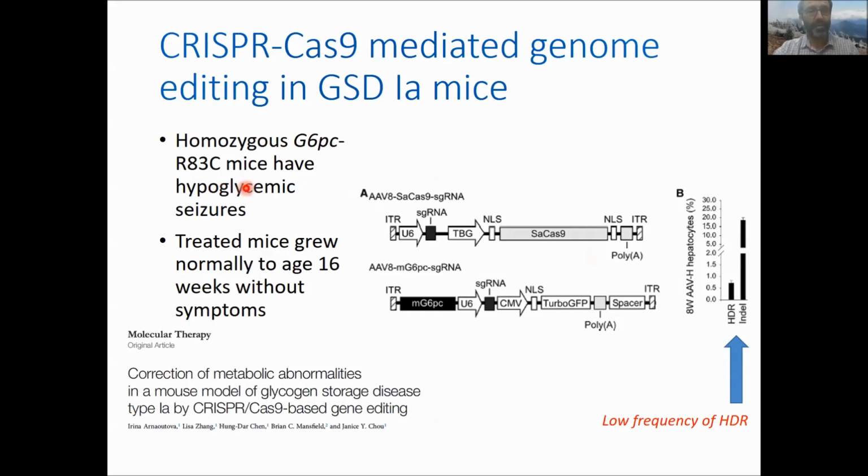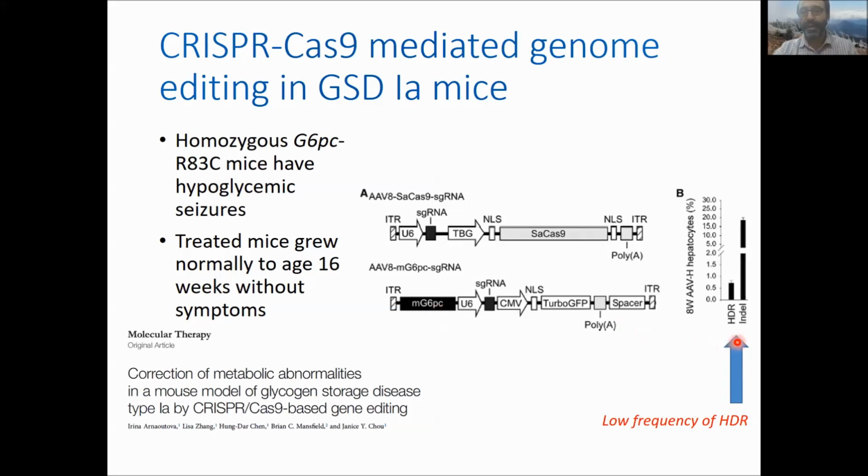The mice had hypoglycemia, including seizures when fasted. And when they were treated with these two vectors, the one that says Cas9 makes the break, and the other one down here with mG6PC produces a normal mouse DNA to correct the mutation only. And so after this, the mouse would have its normal non-mutant G6PC gene.